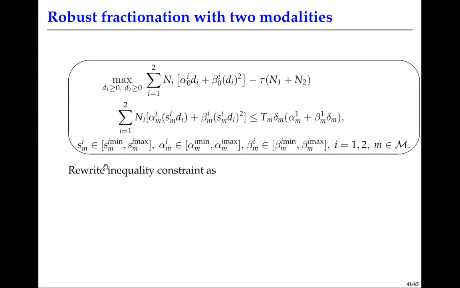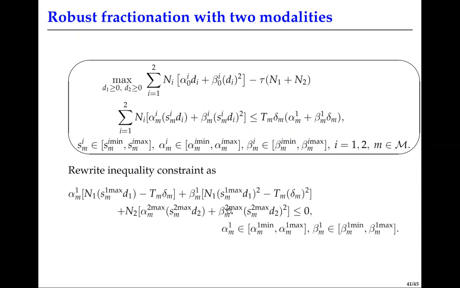Okay. So again, you can rewrite the inequality constraint as follows. Again, I'll not spend too much time on the details here, but the idea is that some of these parameters, their bottleneck values can be easily figured out. In particular, the ones that do not appear both on the left-hand side and right-hand side, their values can be easily figured out, and they're substituted here.